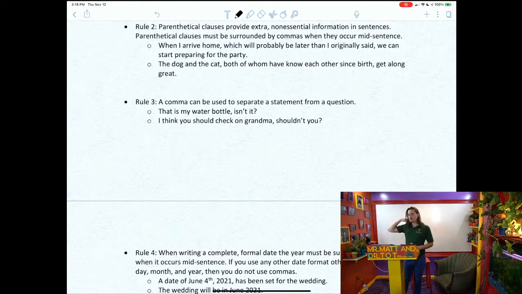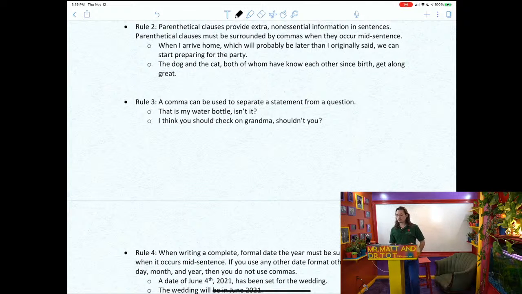Rule number 2 has to do with parenthetical clauses. So parenthetical clauses are like a big umbrella of a bunch of other terms, just like metaphors. There are many things that are considered a metaphor or types of metaphors. There are different types of parenthetical clauses, like an appositive clause is a type of parenthetical clause. An absolute clause is a type of parenthetical clause. That's not really that important, especially for the SAT, to be able to label different clauses.